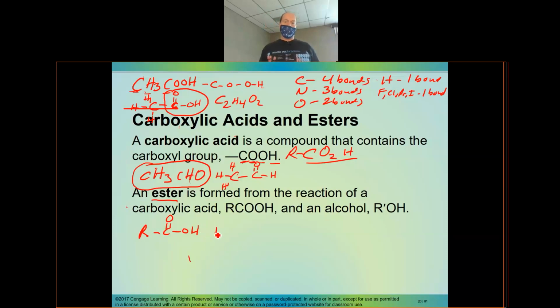And then we're going to add to that an alcohol, any alcohol: methanol, ethanol, propanol, any alcohol. And when we do this reaction, it requires an acid catalyst. And so over the arrow, I'm going to put H+. Anytime you do a reaction that forms an ester, it is called an esterification. So this is going to be esterification.